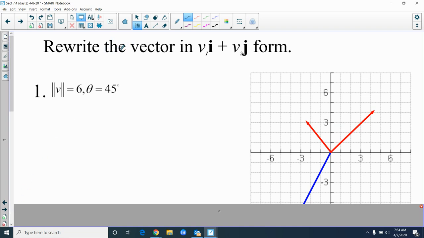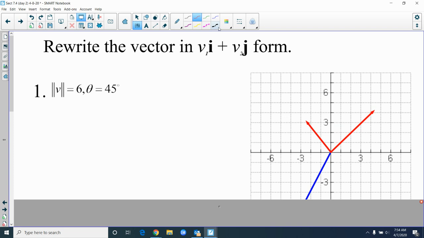So what we can do now is take a vector and rewrite it in what's called ij form, where we know the x coordinate and the y coordinate. Vector v in this case, which is this vector right here, just so you have a visual, has a magnitude of 6 and a direction of 45 degrees.